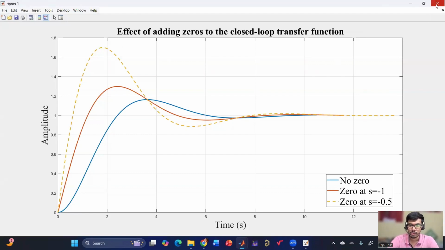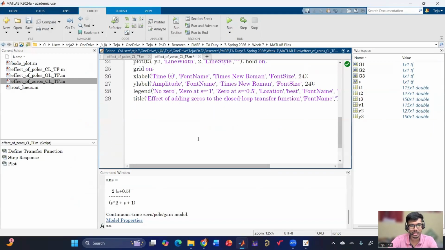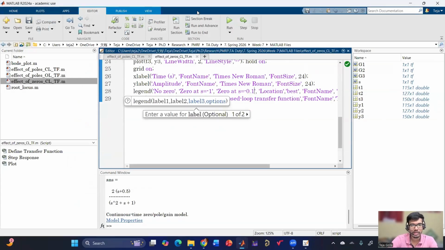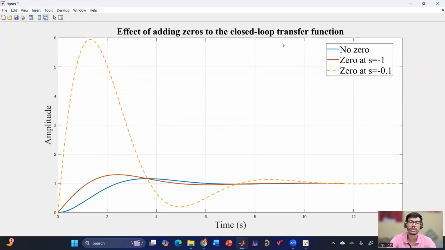If I make it much closer to the imaginary axis, say instead of 0.5 I'm considering 0.1, so one at -1 and the other at -0.1, and then if I run, I am expected to see more overshoot. Yes, as it is closer to the imaginary axis, the overshoot is huge.